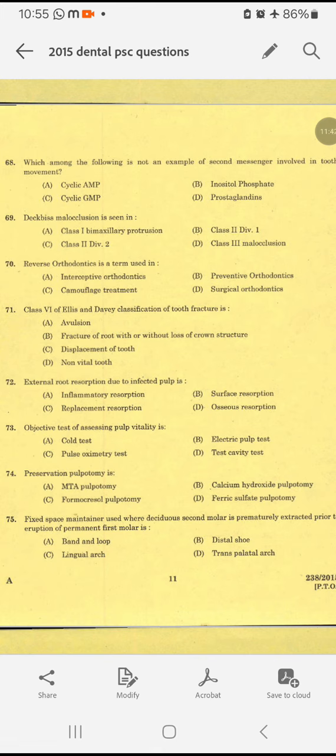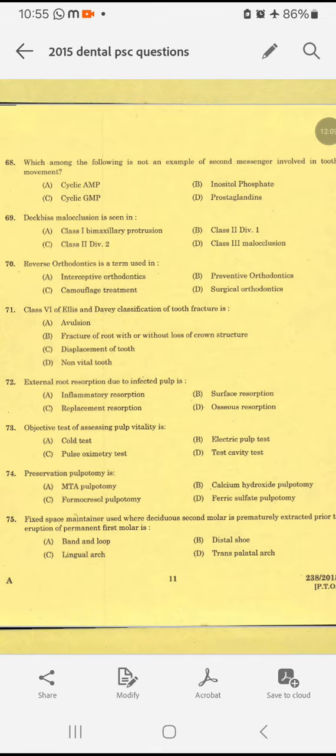Fixed space maintainer used where deciduous second molar is prematurely extracted prior to the eruption of the permanent first molar is. So which is the fixed space maintainer used in case of a deciduous second molar extraction before the eruption of the permanent first molar? Options are Nance button, distal shoe, lingual arch, transpalatal arch.